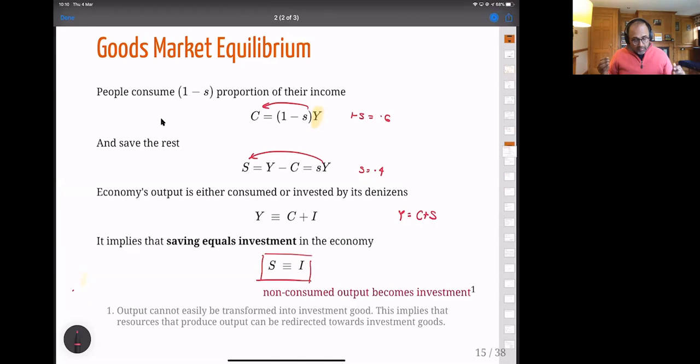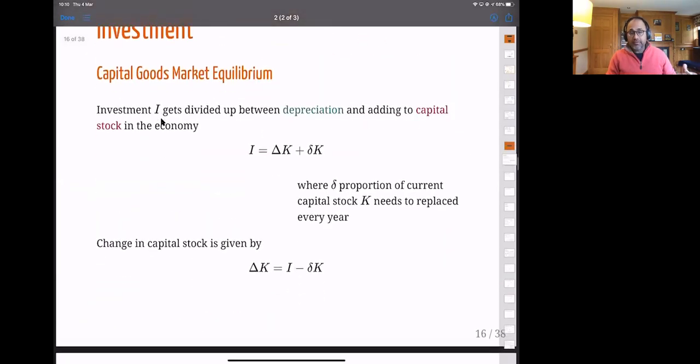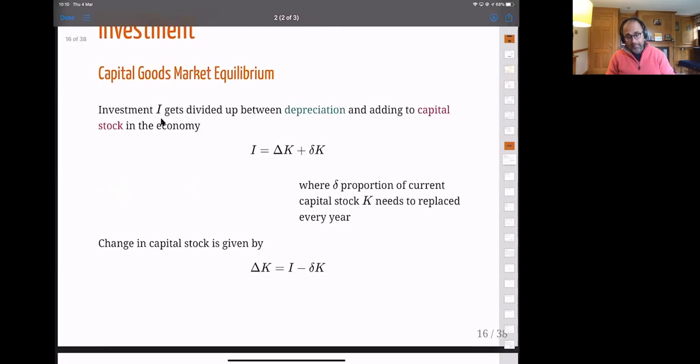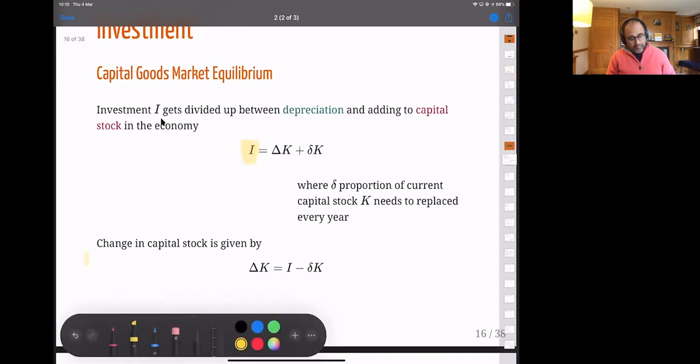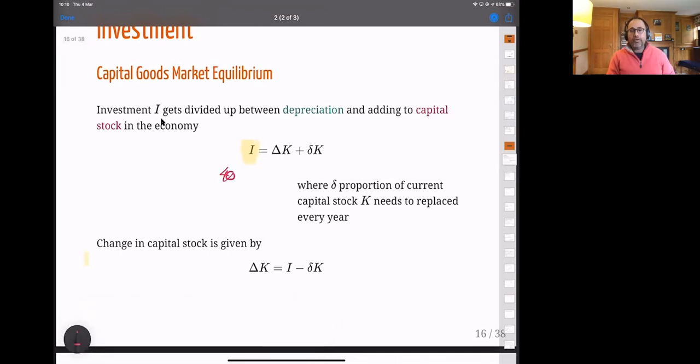So the goods market equilibrium implies that all the apples that are not eaten become investment, and that investment can go into depreciation or addition of capital stock. In our example, that was 40 apples that were not eaten. 5 apples became depreciation, replacing the capital stock, and 35 is the new capital stock in the economy.